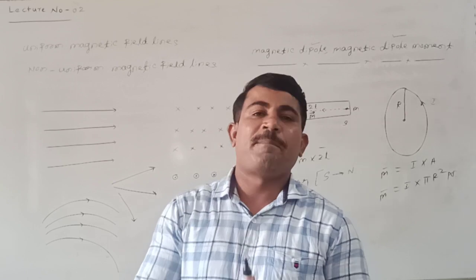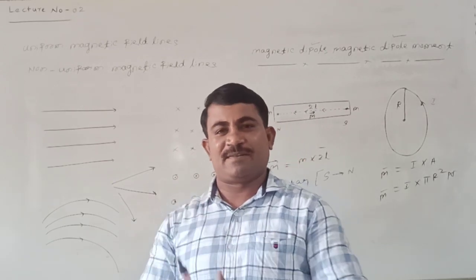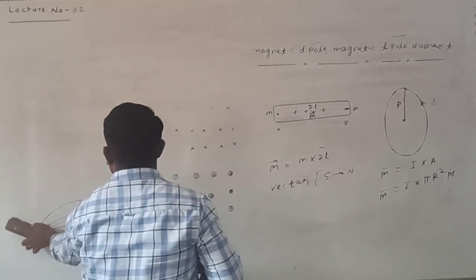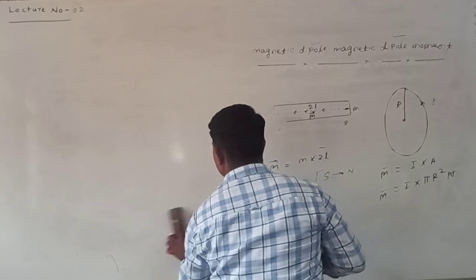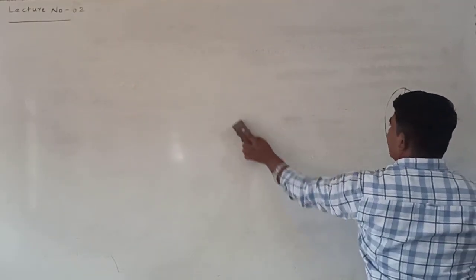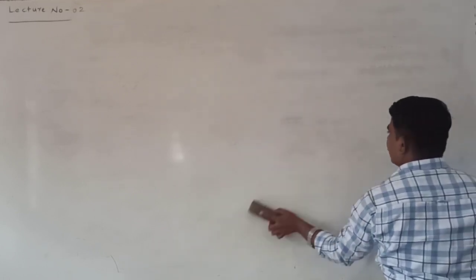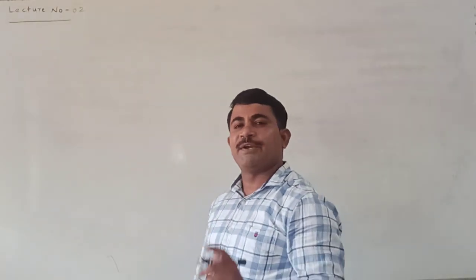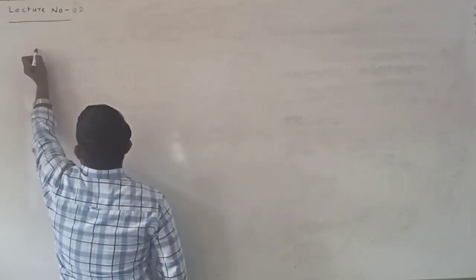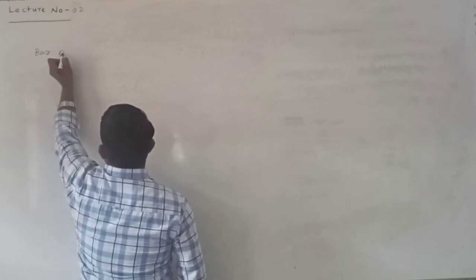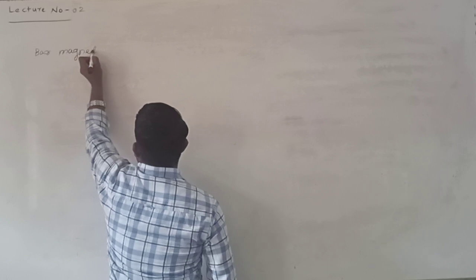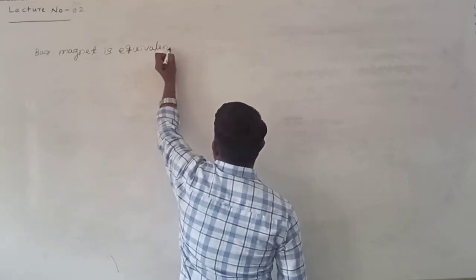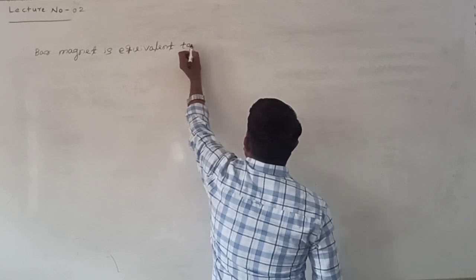Our concept is now: bar magnet is equivalent to current carrying solenoid. That concept we will see.